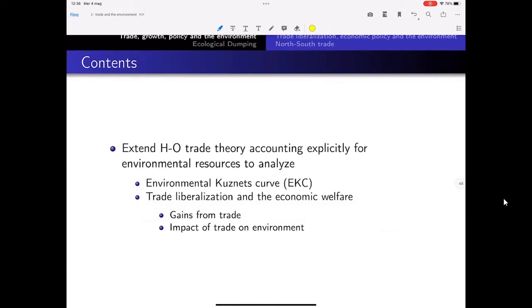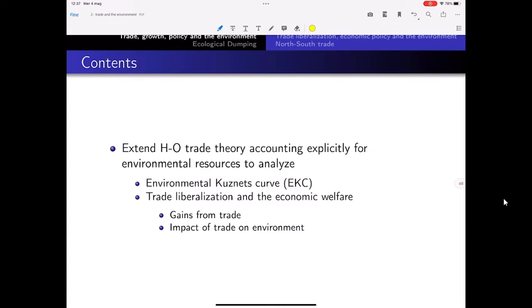So what we're going to see here is first of all an extension of Heckscher-Ohlin trade theory, accounting explicitly for environmental resources. I'm going to do this formally, because I would like to account formally for the gains from trade.